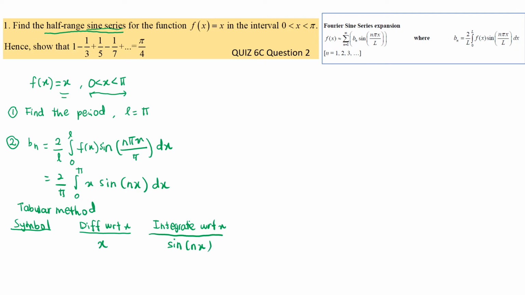The first symbol is positive, then the second symbol is negative. Differentiate x with respect to x, we get 1, and integrate sine nx with respect to x, we get negative cos nx over n. All this will be over n, and the last symbol will be plus. Differentiate 1 with respect to x, you get 0, and integrate negative cos nx over n, you get negative sine of nx over n.